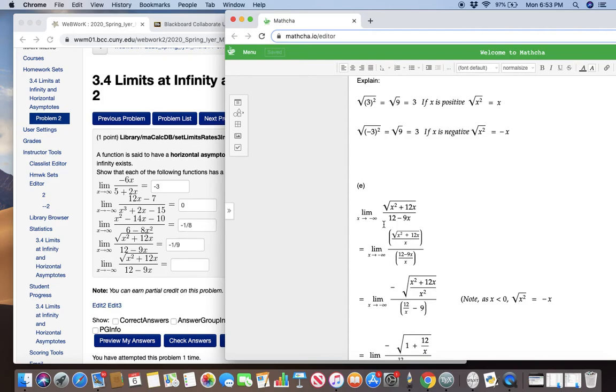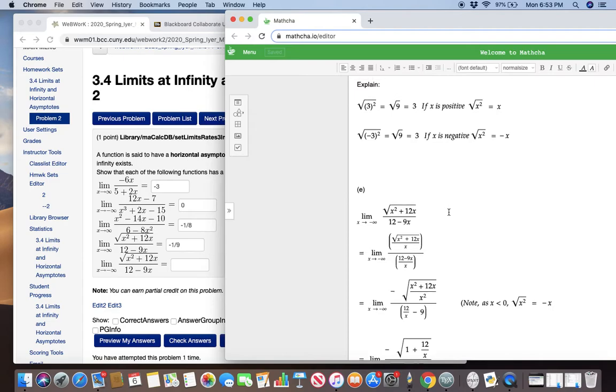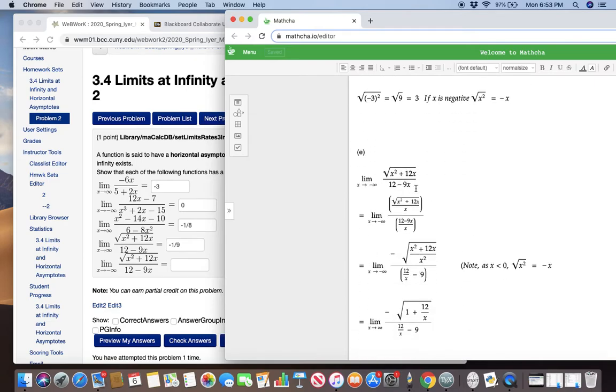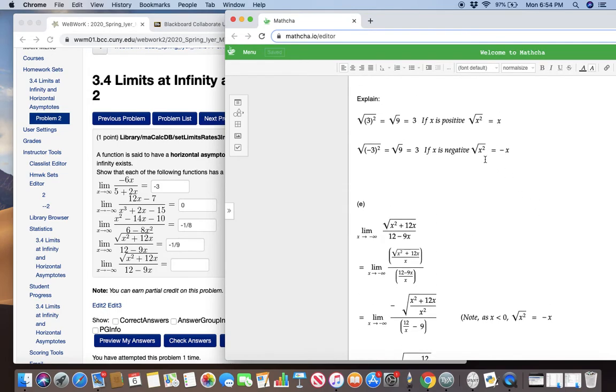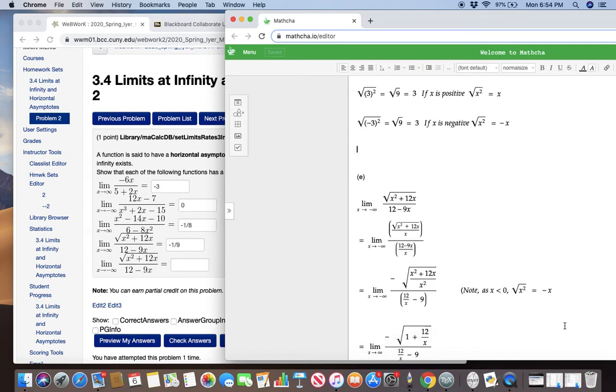When x is approaching negative infinity, let's go through the same process as before. Divide by the highest power of x, upstairs and downstairs. But in this case, x is negative, so I don't get the square root of x squared is x. I get the square root of x squared to be negative x.